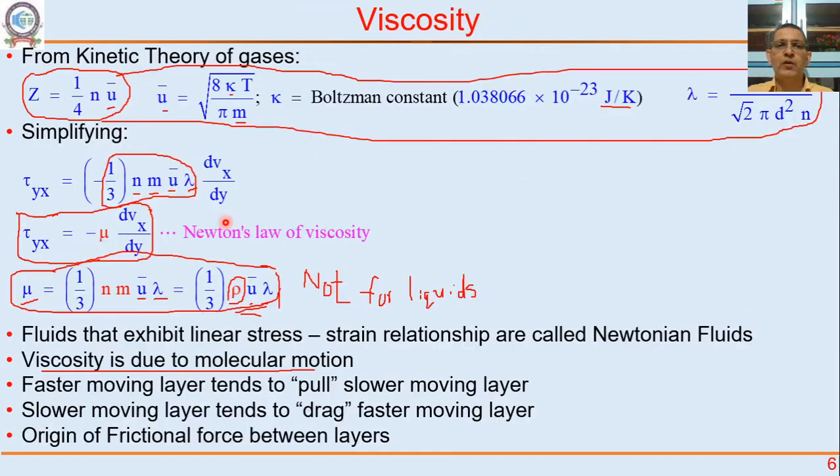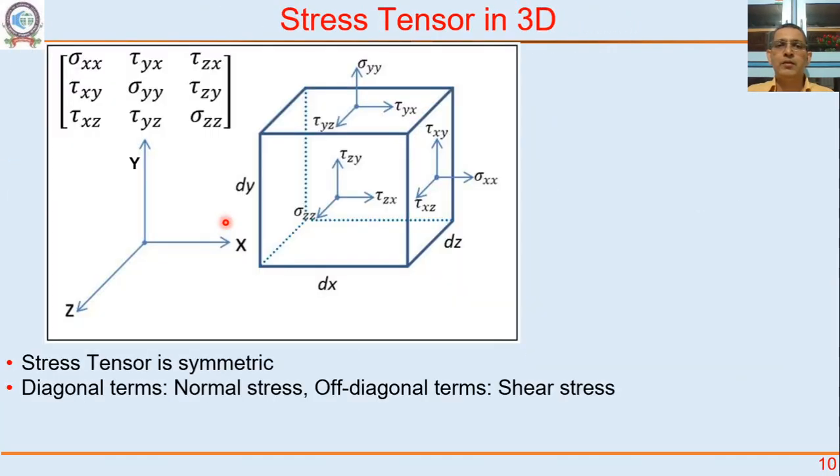This plane was equivalent to this top surface and this bottom surface. So tau yx is going to act on this top surface in this x direction. Similarly, if you consider the front face of this fluid element and the back face, if Vx changes with z, this front face will experience a force tau zx. The back face will experience a force tau zx.